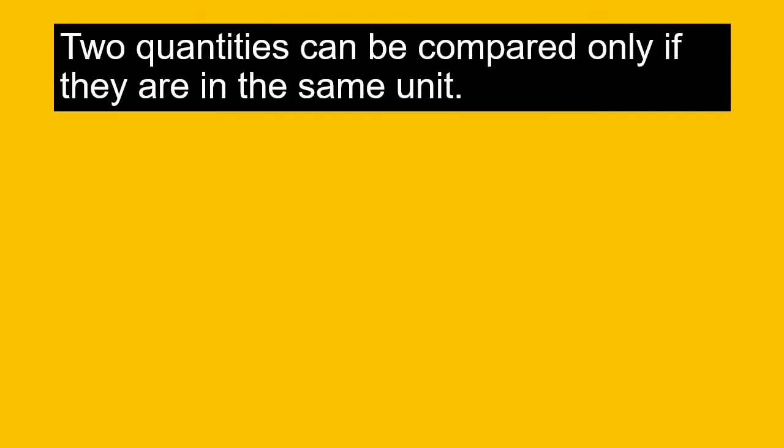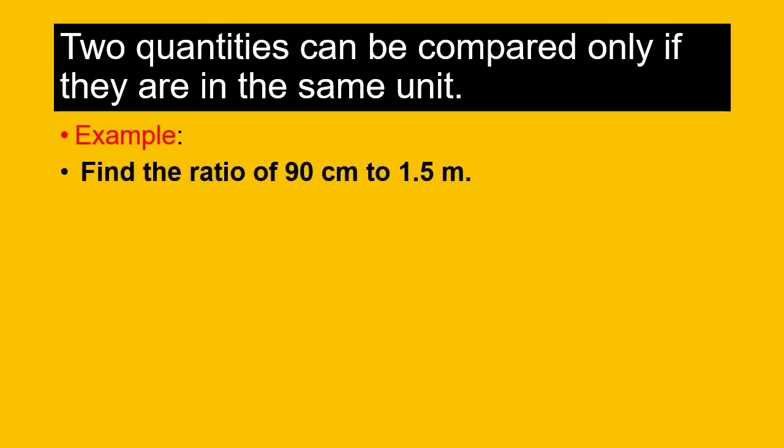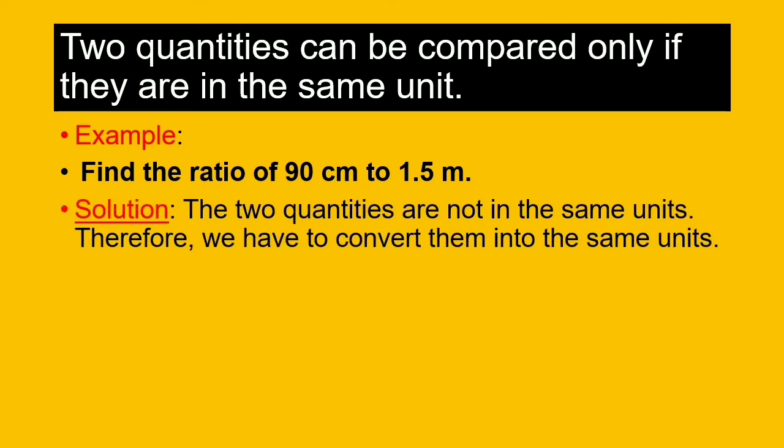Two quantities can be compared only if they are in the same unit. For example, find the ratio of 90 cm to 1.5 meter. The two quantities are not in the same units. Therefore, we have to convert them into the same units.